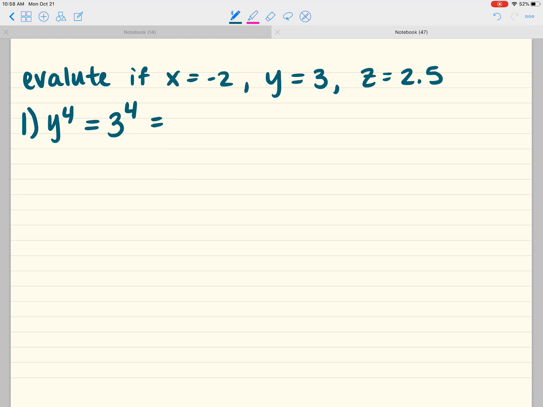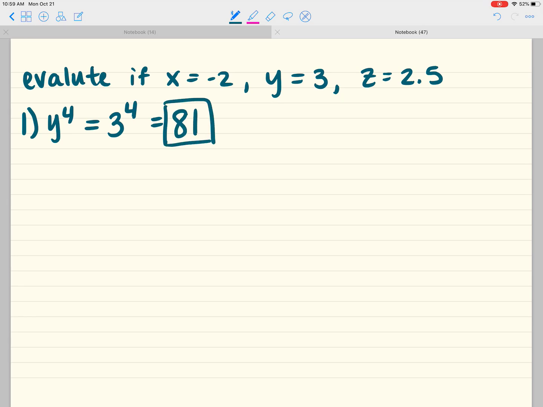Over on the left-hand side, see the button right next to 7 that says x squared? Don't push it. That's if you're going to square something. We're raising it to the 4th power. Everybody see the button right above? It looks like an arrow. It's called a caret. You push that button, and that allows you to raise it to whatever exponent you need. So you push the caret, then hit the number 4. You should get 81.